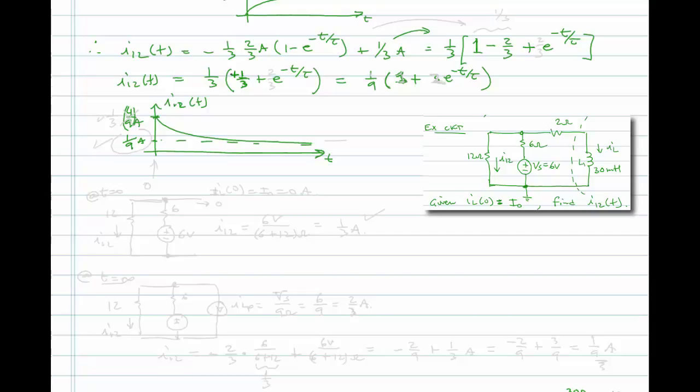We could write the complete solution for the inductor current, and then we could go back to the original circuit and use the inductor current, or treat the inductor really like a current source, and then express whatever node voltage or branch current that we were being requested to solve for. And we could express that in terms of a weighted sum of independent sources, or source in this case Vs, and the energy states in the system, mainly in this case the current going through the inductor.